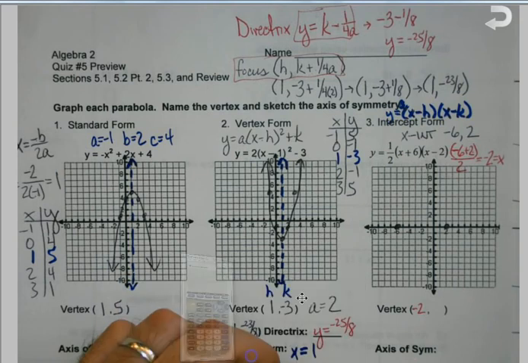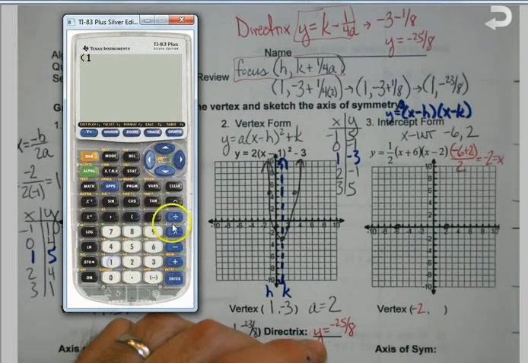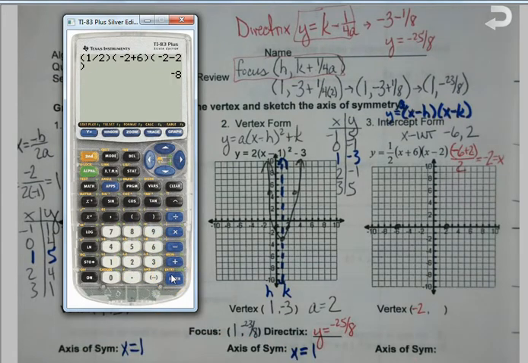Now again, if you're not comfortable doing that in your head, we can always say, okay, 1/2 is 0.5, or I could do a fraction. Let's even do that. So 1/2 times (-2 plus 6), because I'm just substituting my x value in for the x, times (-2 minus 2). That's -8.